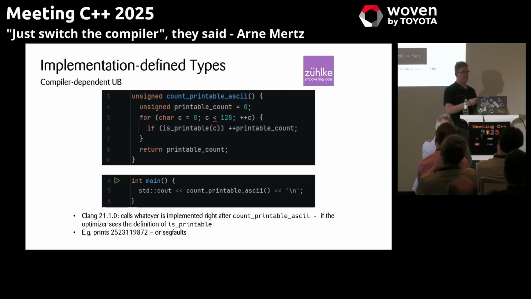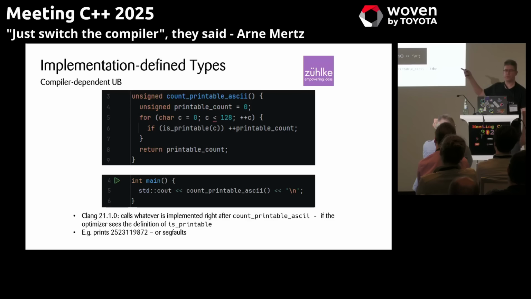When is_printable is implemented before count_printable, and count_printable is the last function in the object file, then that would be a segfault because you try to call a function that does not exist. And if is_printable is implemented in a different translation unit, then Clang says, well, maybe it throws, so I just have to implement this, and you get the endless loop again. Welcome to undefined behavior.